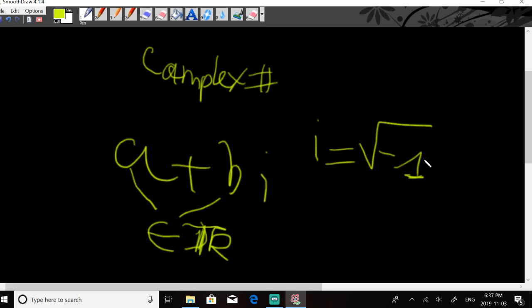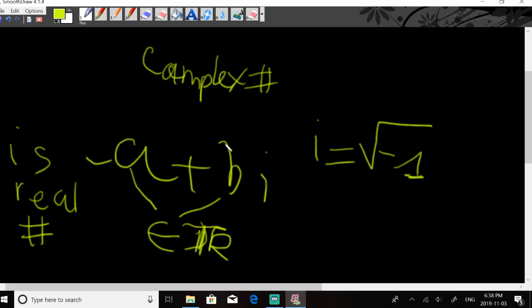So a is referred to as the real part. A is a real number, and b is the imaginary part of a plus bi, since it has the i attached to it.